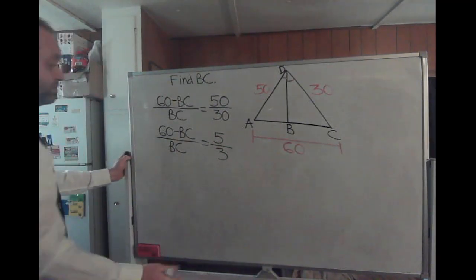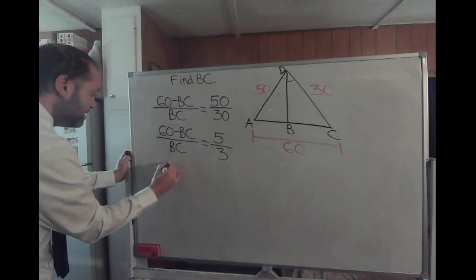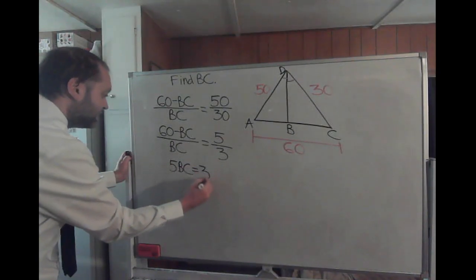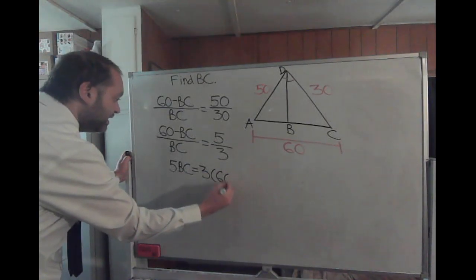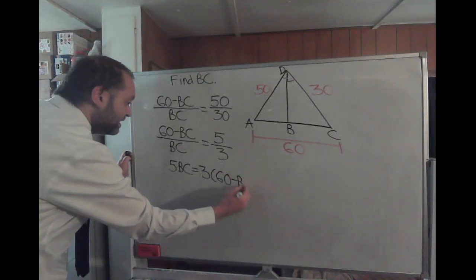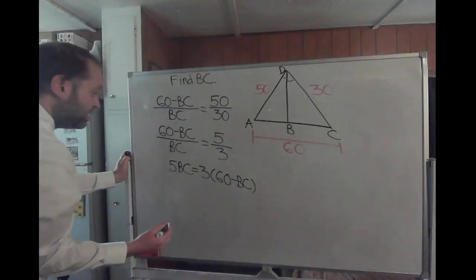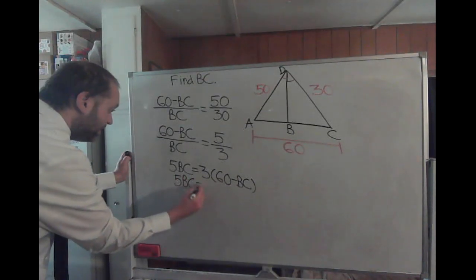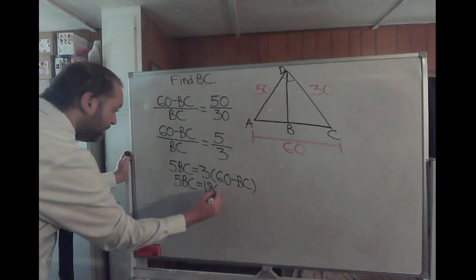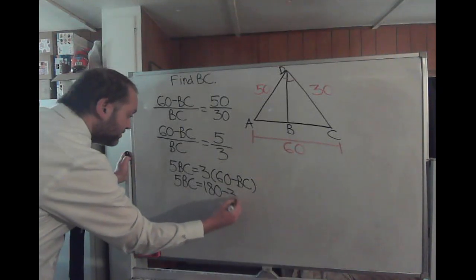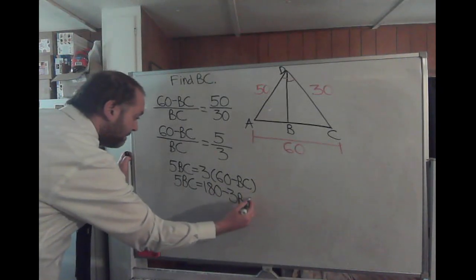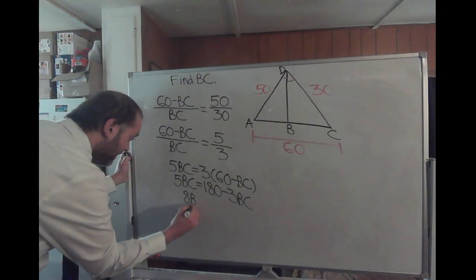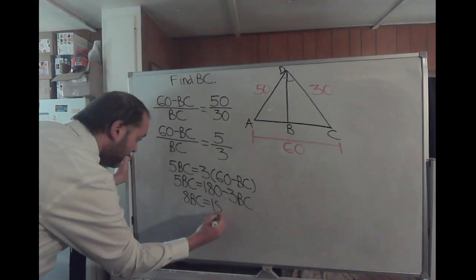Okay, now do your cross products. You would have 5BC is equal to 3 times the quantity of 60 minus BC, which would then give you that 5BC equals 180 minus 3BC, which would simplify into 8BC equals 180.